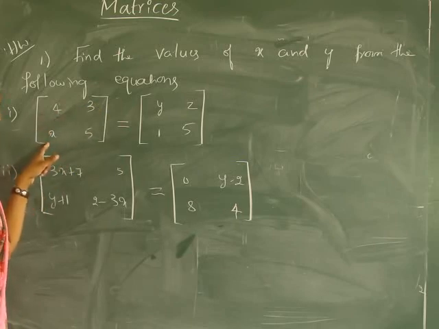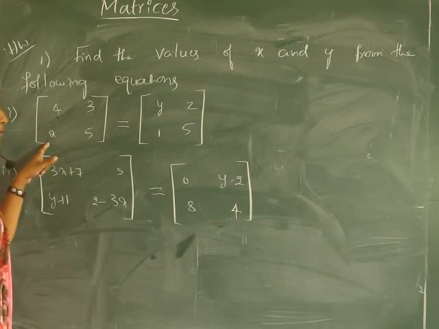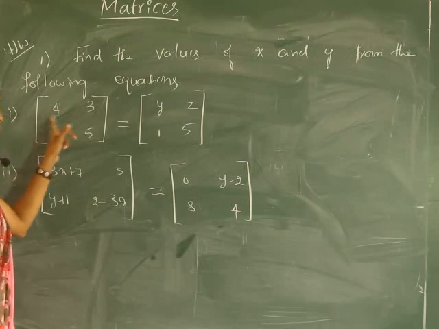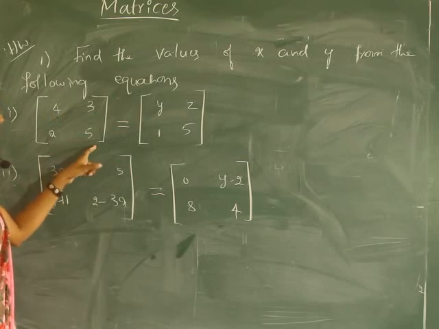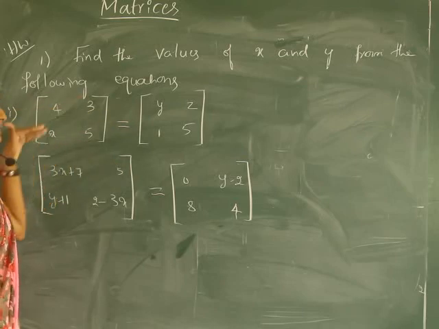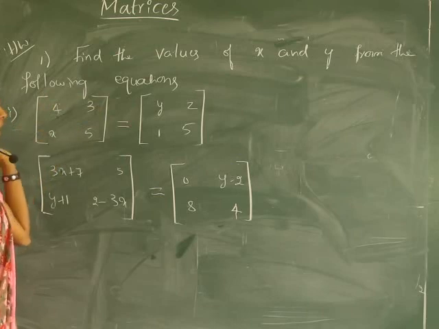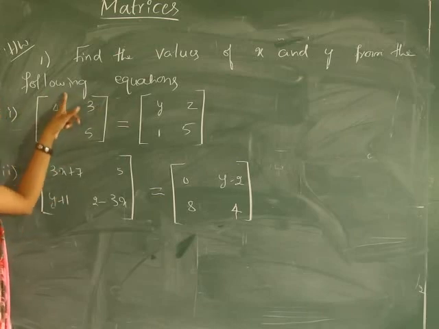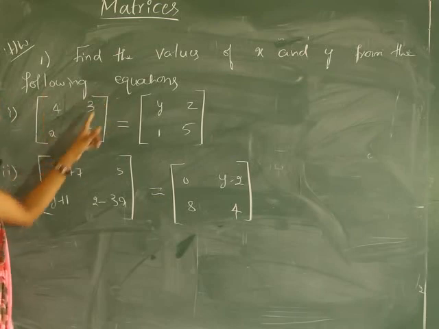So while reading a matrix, we read the first row 4, 3, the second row x and 5, so you can make it out. Or you can read it column-wise: first column 4, x, second column 3, 5.